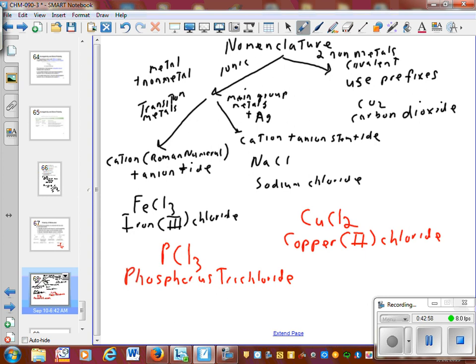If it's a transition metal, or on the chart in your book has multiple charges, it's the name of the metal, the charge on the metal in Roman numerals in parentheses, and then the anion plus IDE. Okay, you write that down for me. It just sounds more in order when you do it like that.